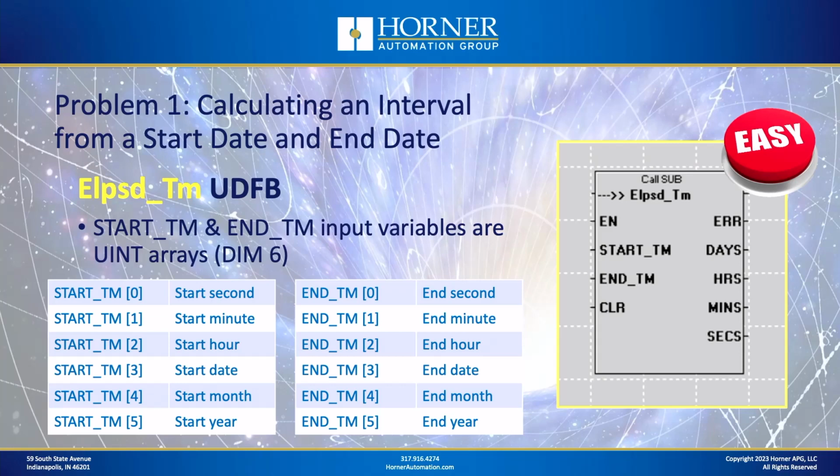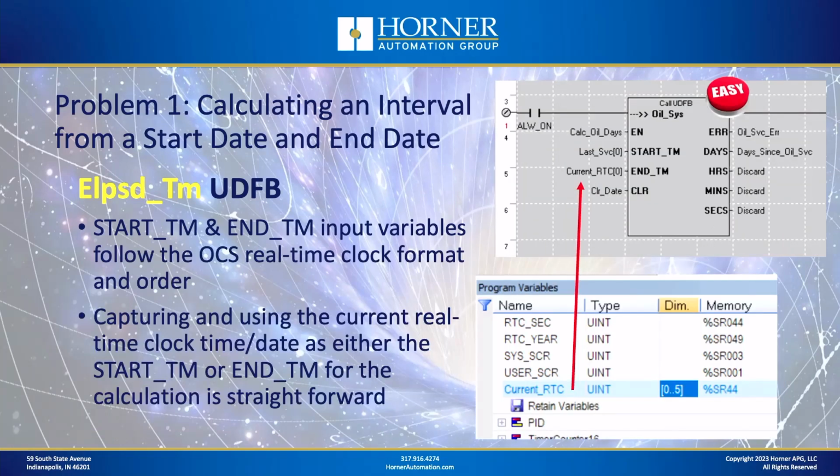That particular information is required in that particular order because it lines up with the data and the order that the Horner OCS real-time clock uses in its system register memory starting at SR44. That makes it really easy for you to capture a particular start time or end time using the real-time clock.